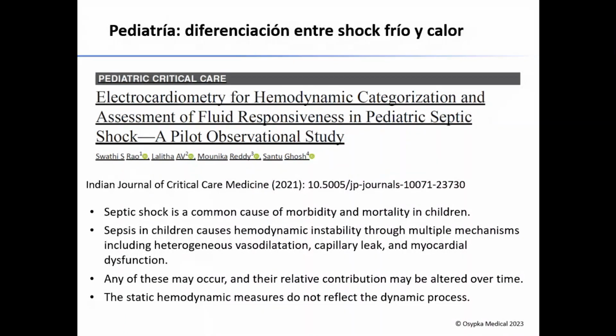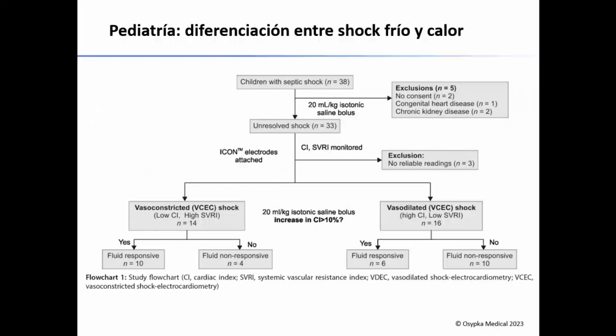And the usual static measures don't really reflect the dynamic process. So in this study, they did the following protocol. They said, okay, we start with our septic children. Initially, about 38, 5 were excluded, leaving 33 patients. Then on 3 patients, there were no reliable readings.